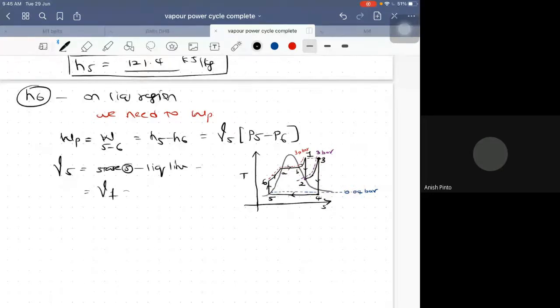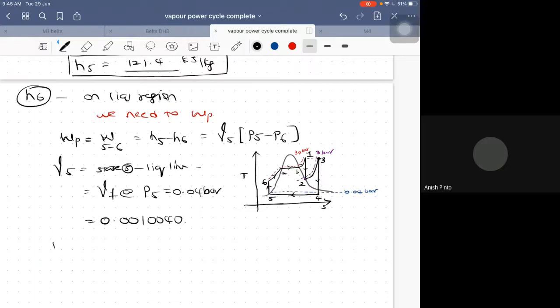The pressure at state 5 is 0.004 bar. Now, what is this? 0.001040. Okay, fine. So now P5 and P6 you know, so just substitute there.